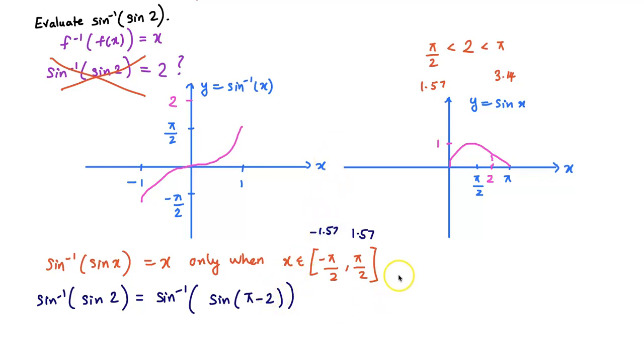And so pi minus 2 is approximately 3.14 minus 2, so that's approximately 1.14, and that does lie in this range. And so now we can apply this identity, because we have converted it into this form. So sine inverse of sine x will be equal to x, because in this case x belongs to this particular set of values.